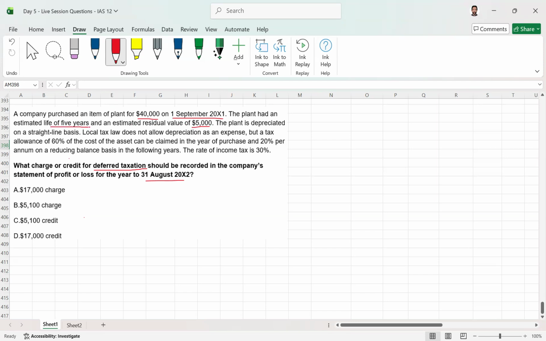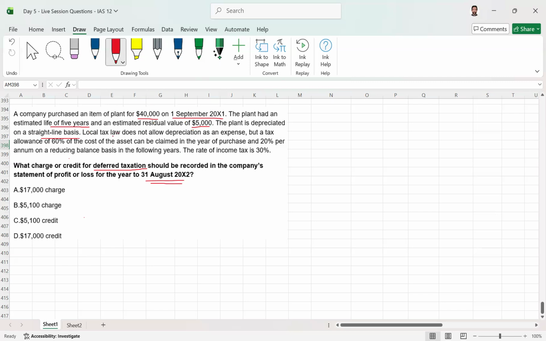The plant is depreciated on a straight line basis. So clearly we are going to take cost less the residual value divided by 5 years. We are going to have a depreciation charge, and if the depreciation charge is deducted from the cost, we will have the carrying amount at 31st of August 20x2.